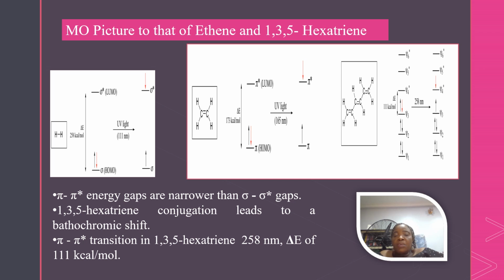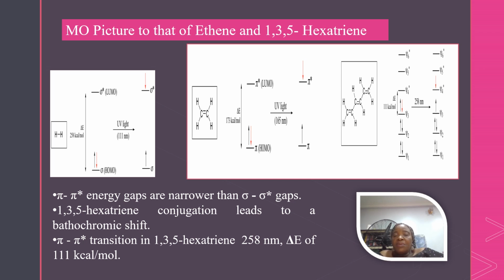When a double-bonded molecule such as ethene absorbs light, it undergoes a pi-pi transition because of the double bonds. Because the pi-pi transition energy gap is narrower than the sigma-sigma transition, ethene absorbs light at 165 nanometers, a longer wavelength than molecular hydrogen at 111 nanometers.